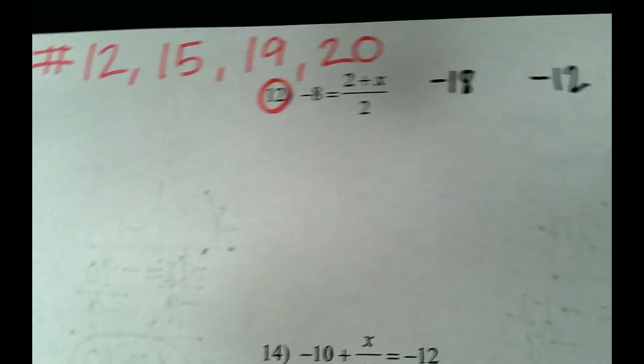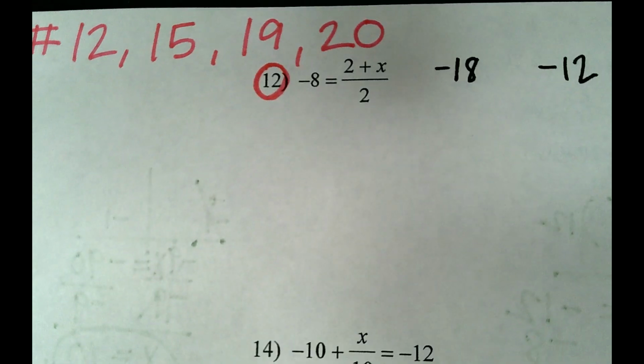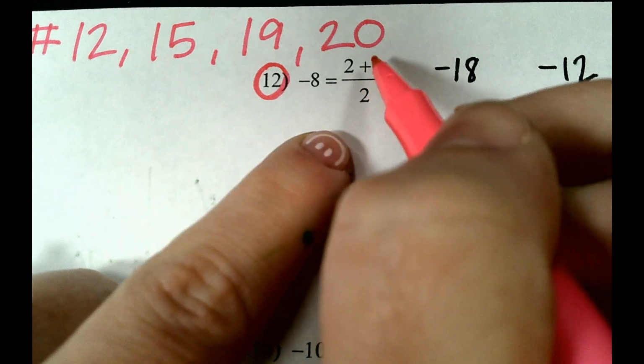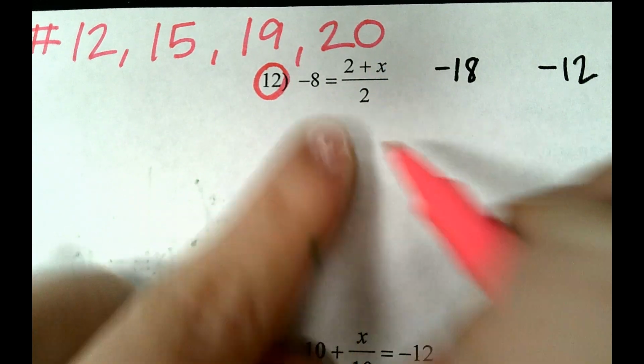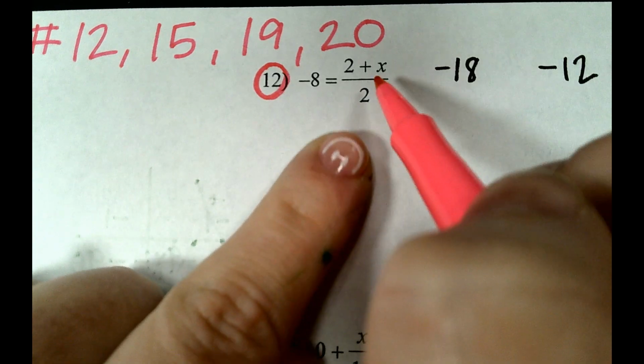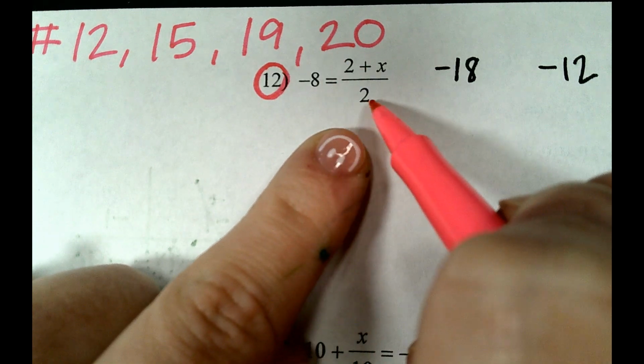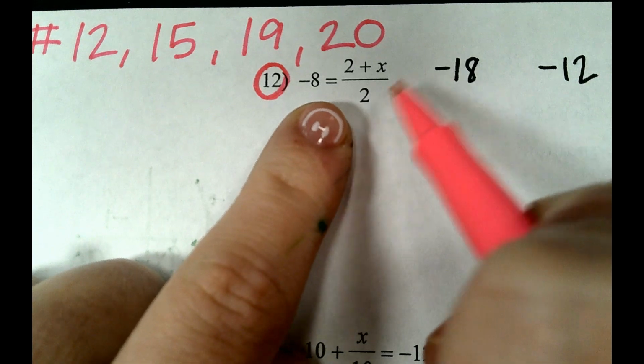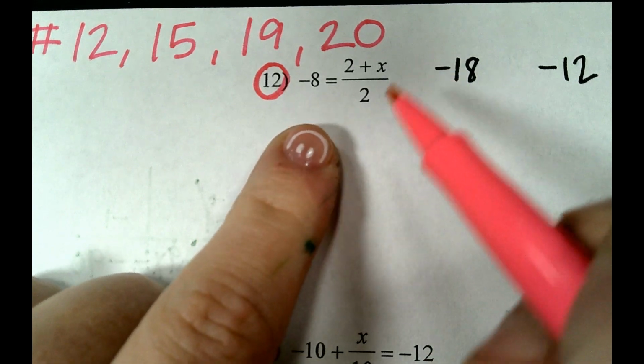So on number 12, what is the first step we should take? Am I subtracting 2 or am I multiplying by 2? Oh, okay, this is where we get mixed up. Whenever we have a fraction, this is the only time we have an exception to the rules.